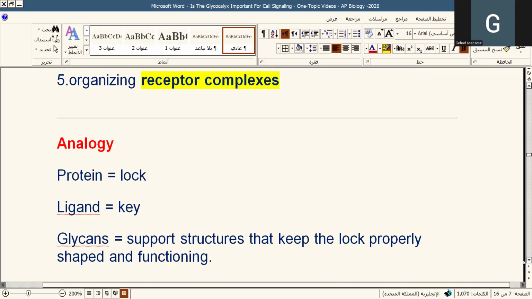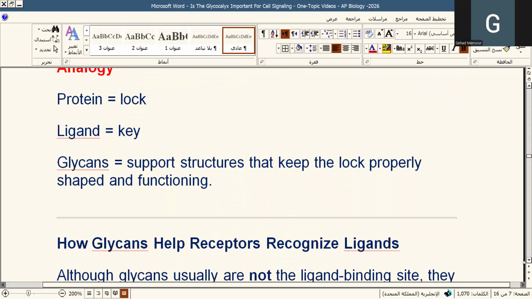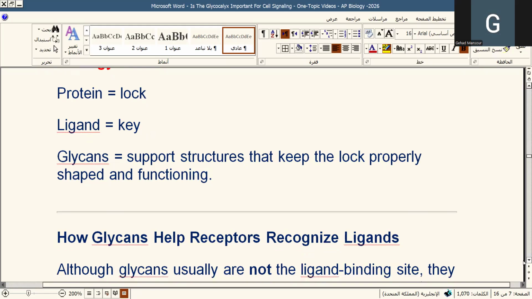Here is an interesting analogy in the glycoproteins. We can liken the protein to a lock, and the ligand is the key that opens the lock, because of the specificity between them. But the glycans just support the structures that allow the lock to stay properly shaped so that it can fit with the key.